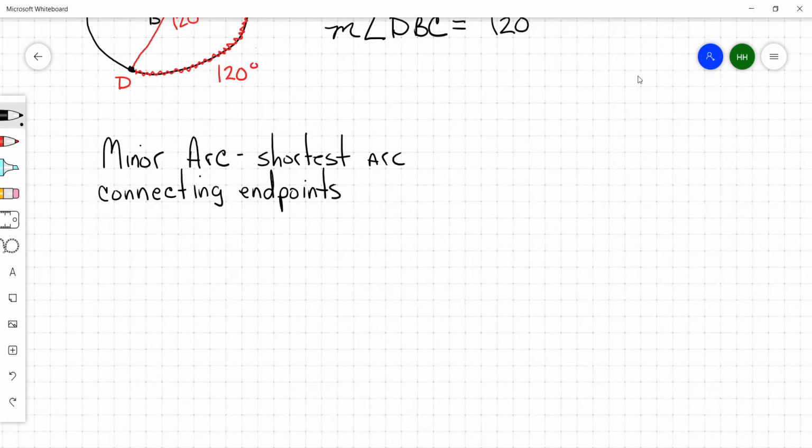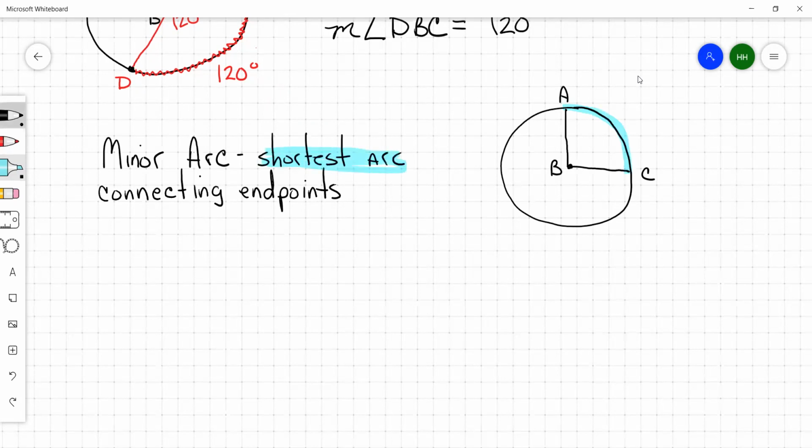Here's what I mean. If you've got a circle and you've got a central angle, right now there's two arcs in this picture. You've got an arc that goes from A right to C. Shortest arc. That's a minor arc.